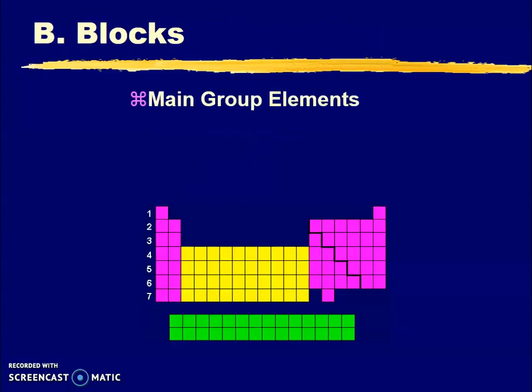Okay, we can also look at it in block formation. So what I currently have in purple, these are the main group elements. You will see as we work through the semester that these are the elements that we will work with the most. They will be the most common. We will see them the most because they're highly interactive, and so you see them coming up a lot.